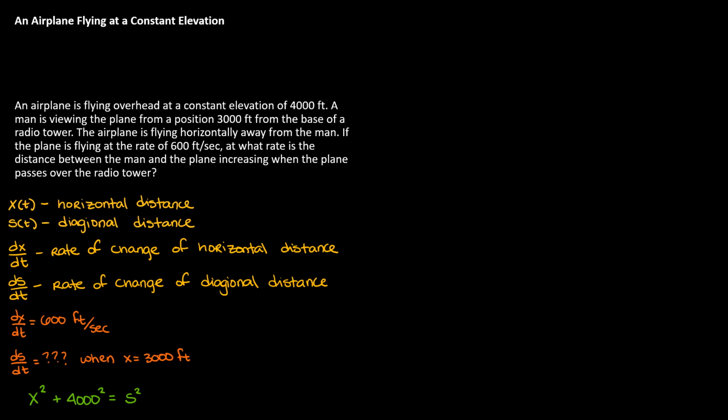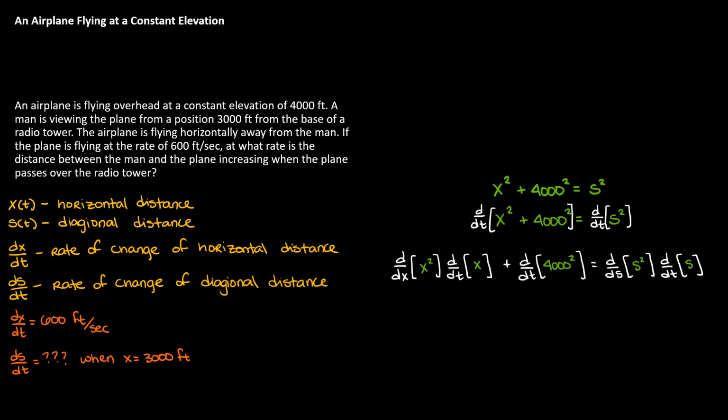We can take that equation, which relates our two changing quantities, and apply implicit differentiation. Remember, x and s both change with time, so we'll differentiate that entire equation with respect to t. Applying implicit differentiation, we get the related rates equation.